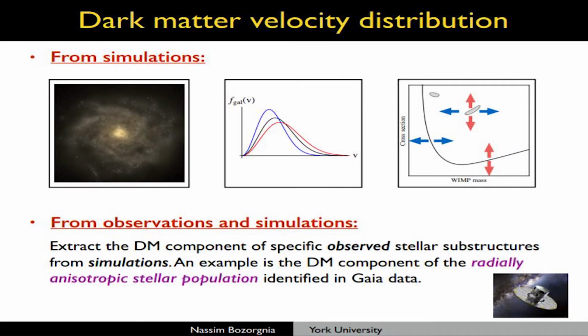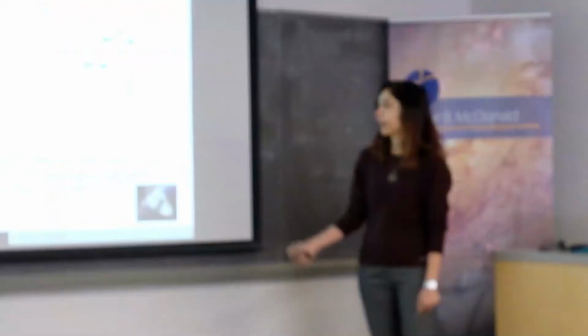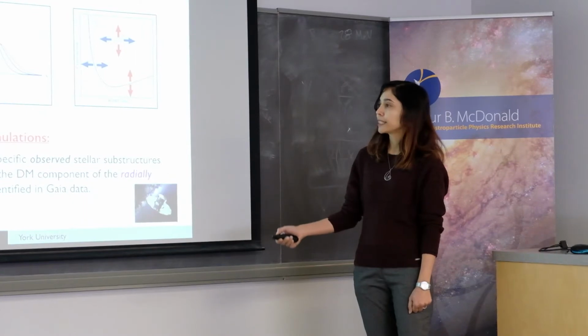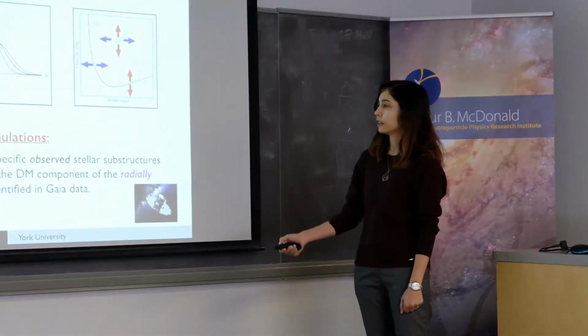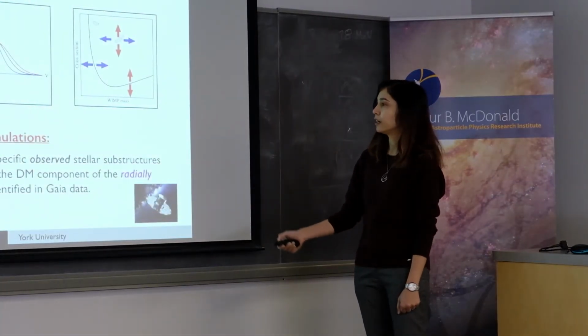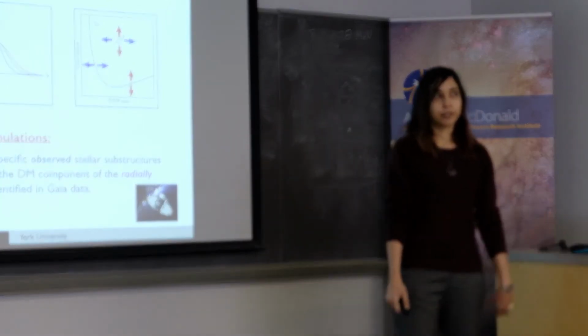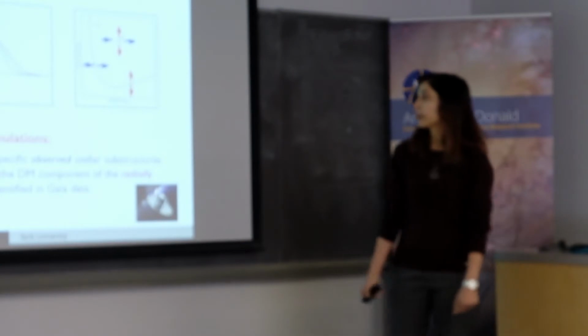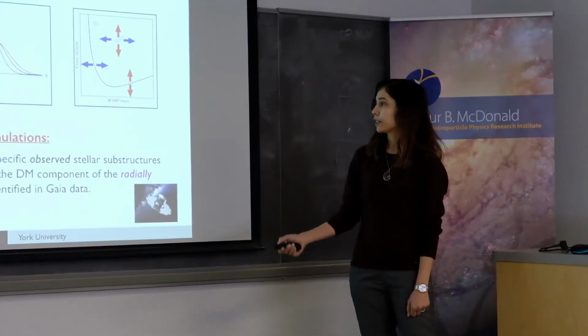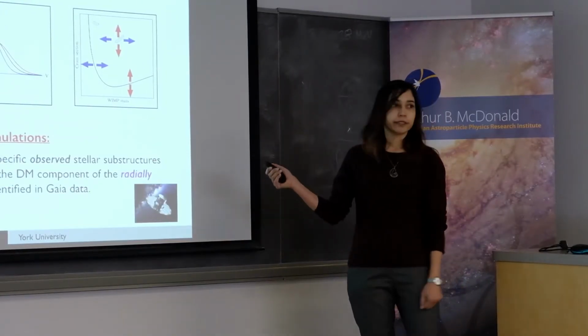This was a stellar population in radial and isotropic orbits, and we wanted to see what is the dark matter component of this structure. If you have simulations where you see exactly this, or something very similar to this stellar population in the stars, you can see what is the dark matter component of it, and then we can see what is the effect on direct detection.